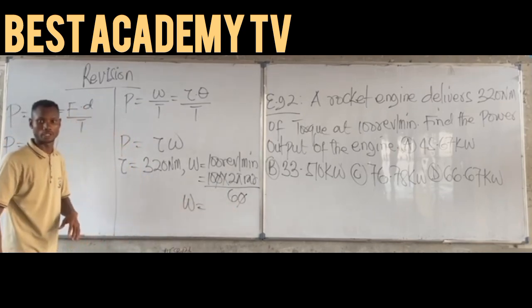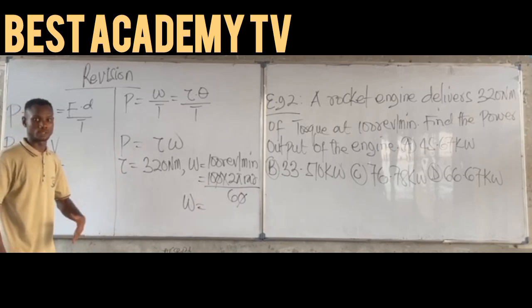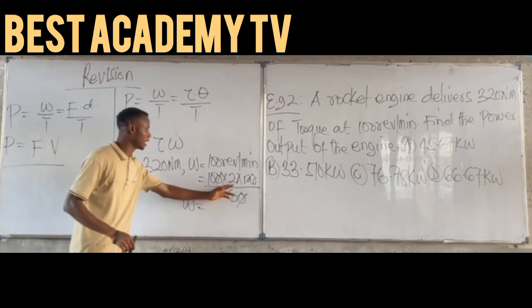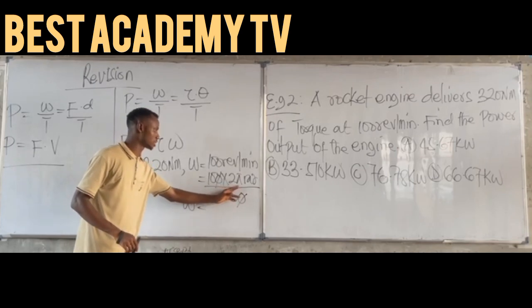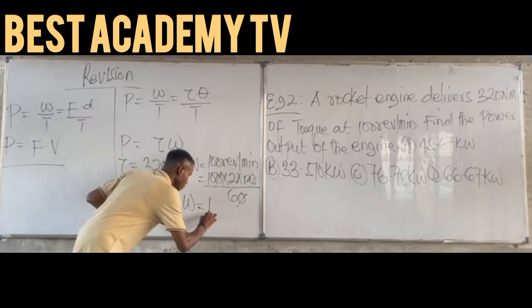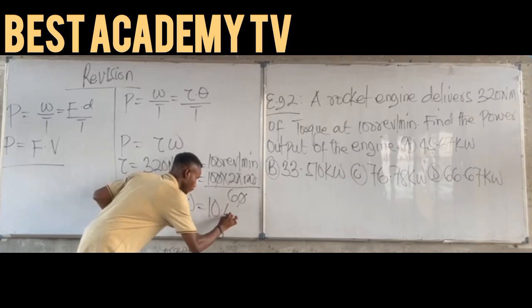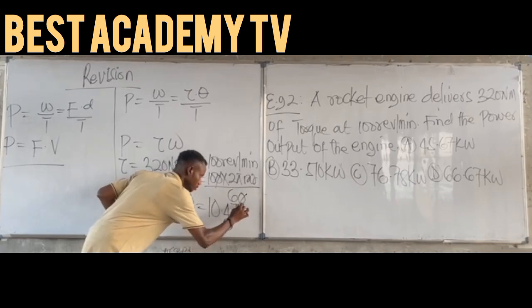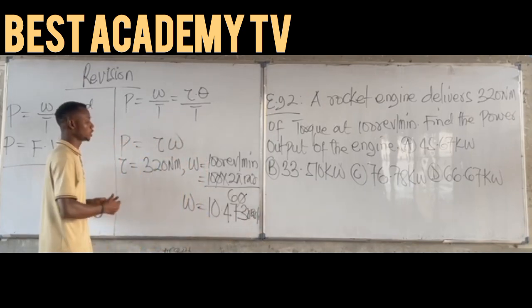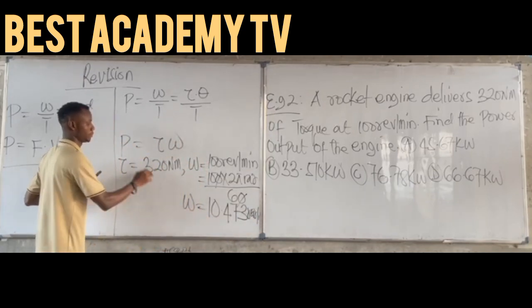Alright, what's my answer there, please? That is 20 times 3.142 over 6, and the answer is 10.473 rad per second. Now we have fully converted this to rad per second.